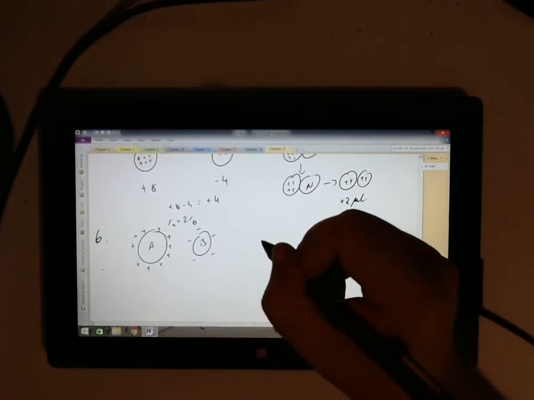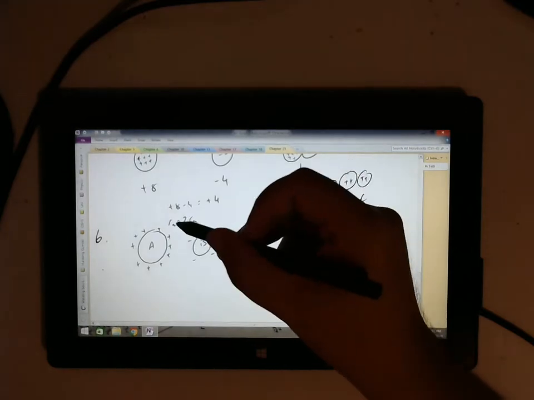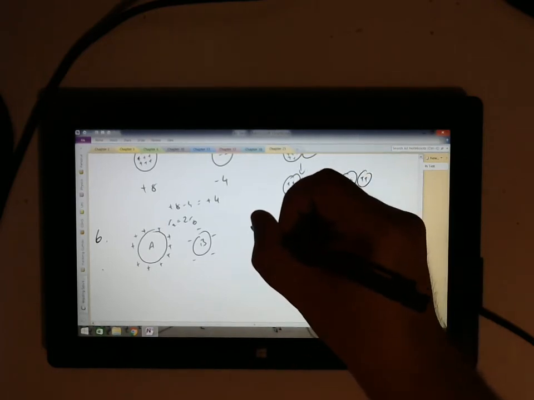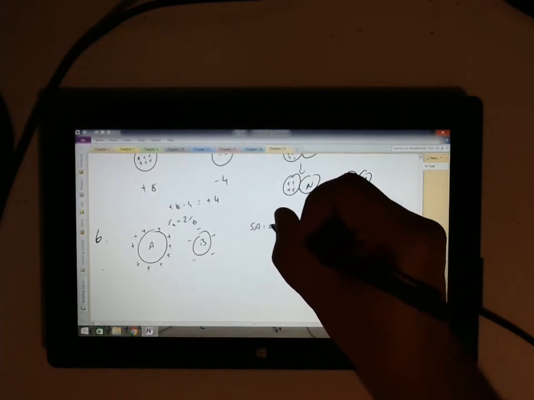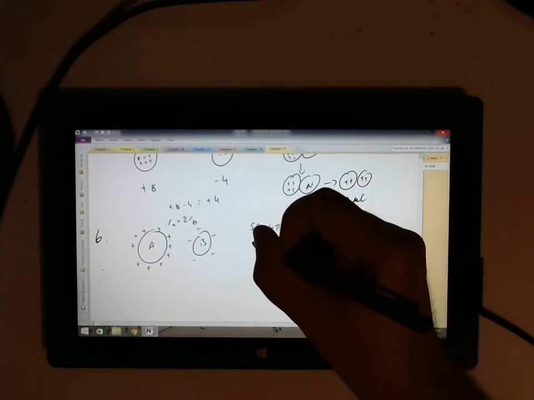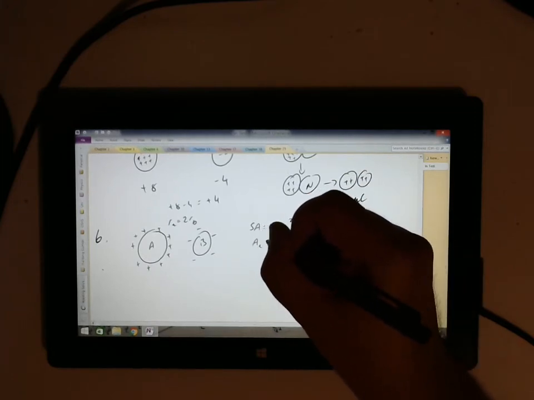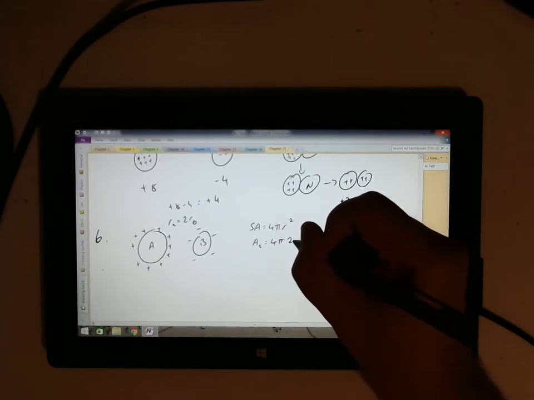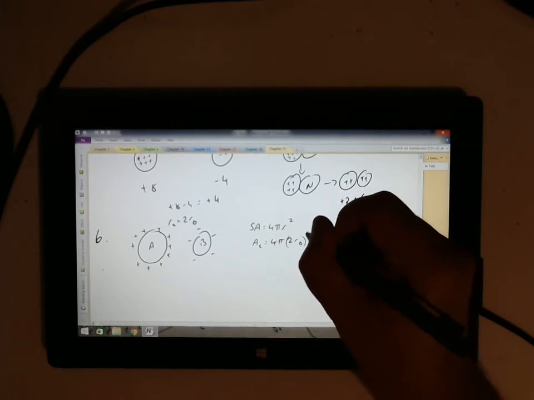But let's have a look at the comparison of the area. We know that the radius is twice, but what is the size of the surface area? So surface area equals 4 pi r squared. So area of A equals 4 pi (2rb) all squared.